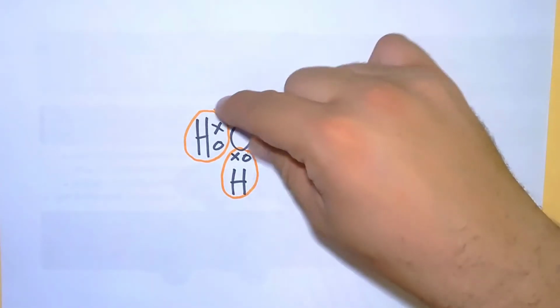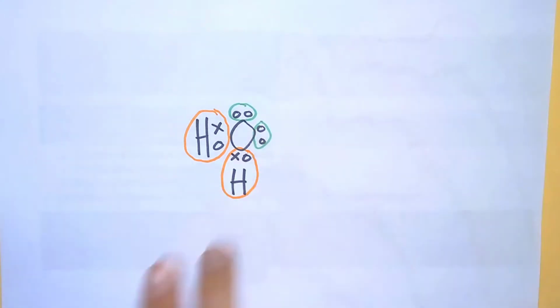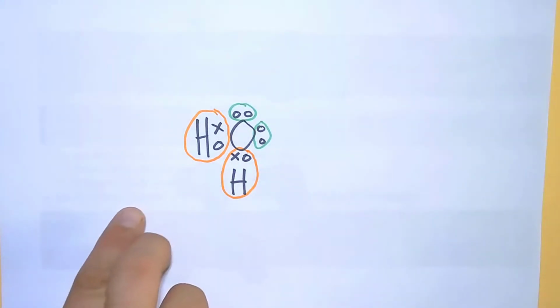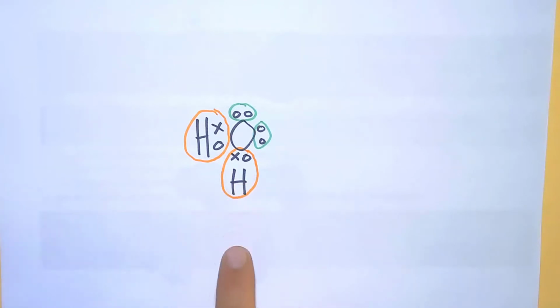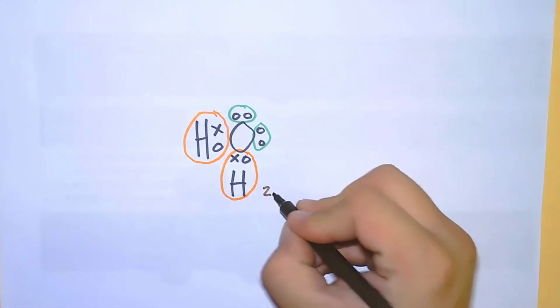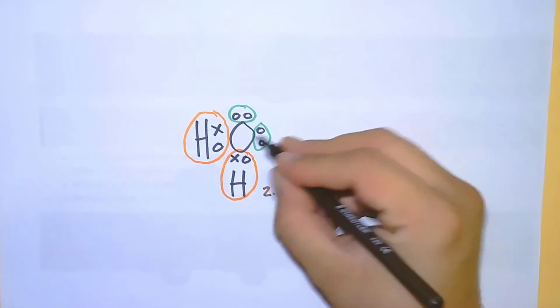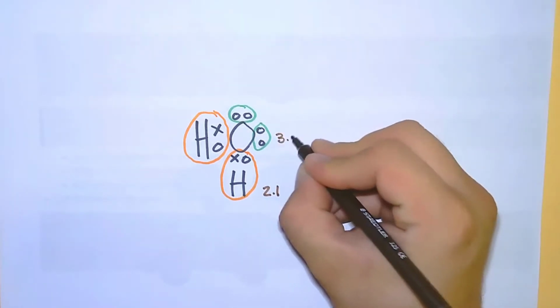That's why the lone pairs will rather be grouped together and the bonding pairs will rather be grouped together. That gives water that bent or angular shape. Then we also know that hydrogen has an electronegativity of 2.1. Oxygen has an electronegativity of 3.5.